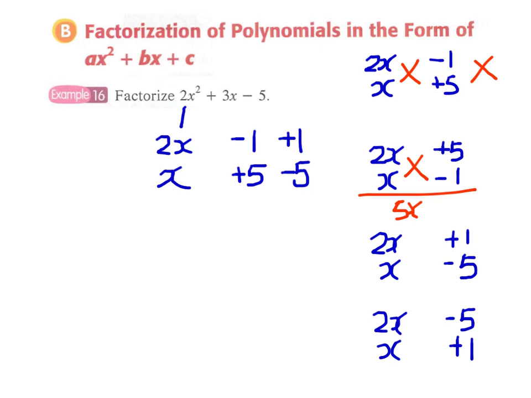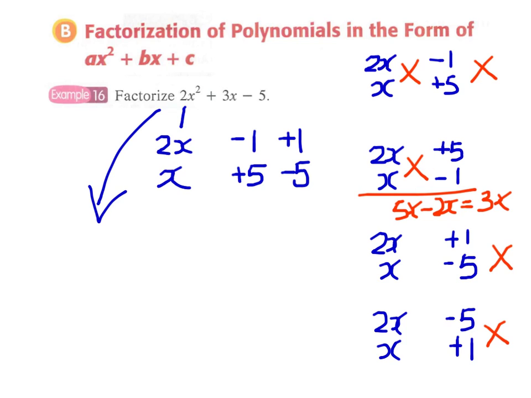We have plus 5x minus 2x giving 3x. And you can also check the third group and the fourth group. They both cannot give the middle term of plus 3x. And therefore, we can find the two factors. The first one will be 2x plus 5, and the second one will be x minus 1.